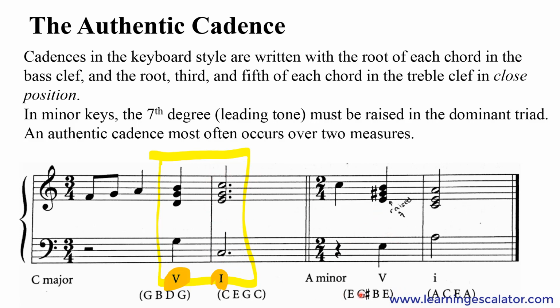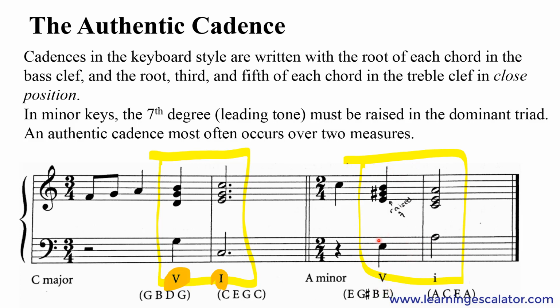Now there's an A minor triad. These 2 chords together are a cadence. It's also an authentic cadence because the first one is a dominant.